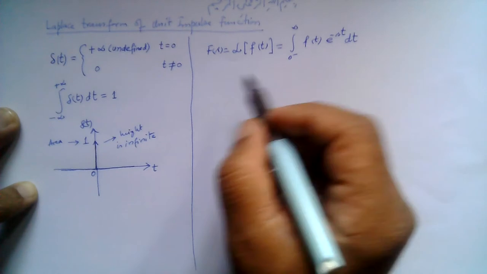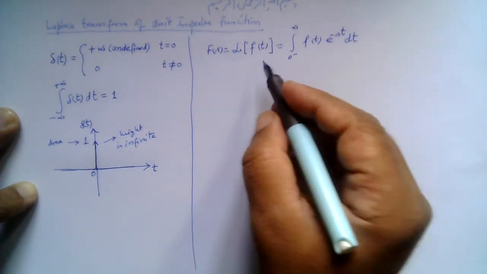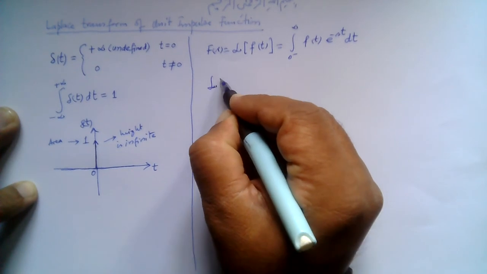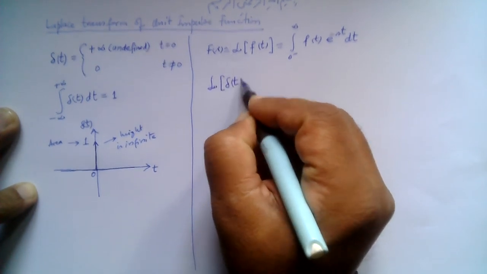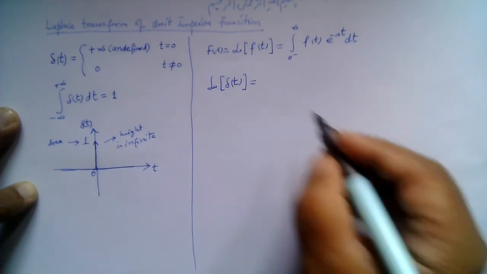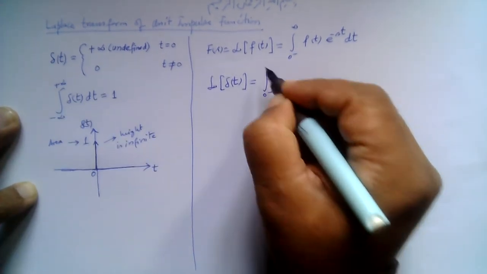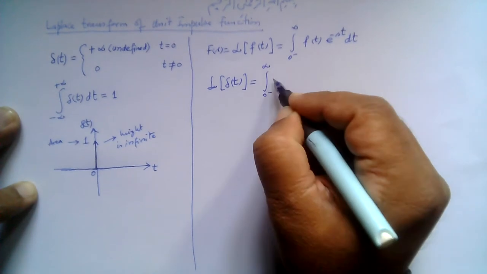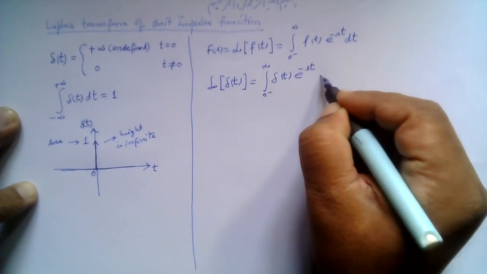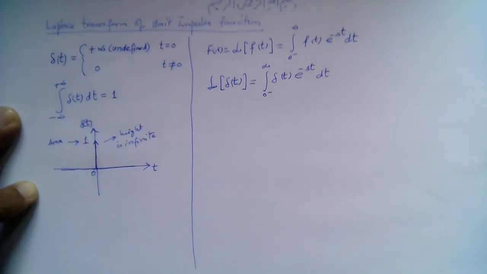So we substitute f of t here with del t. So the Laplace transform of del t, the delta function, is the integral from 0 negative to infinity of del t e raised to the power minus st dt.